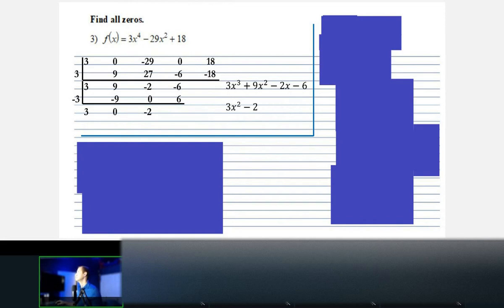So everyone should be to this point or further, right? All right. So I'll do another 2 minutes to find the remaining two zeros.